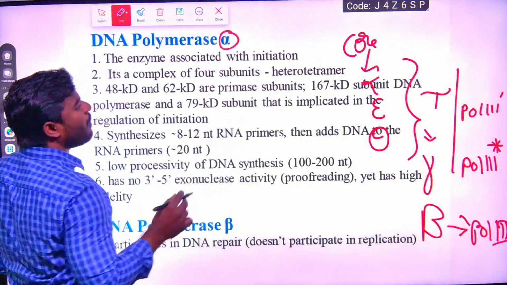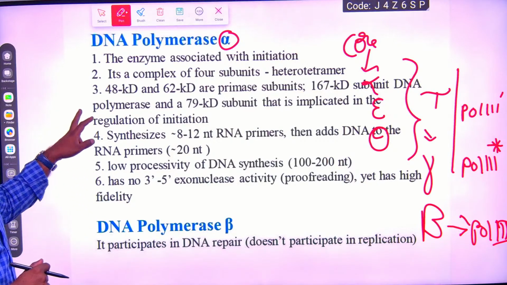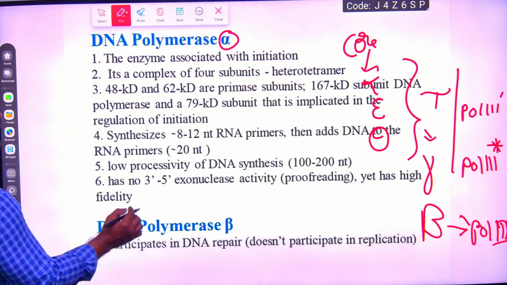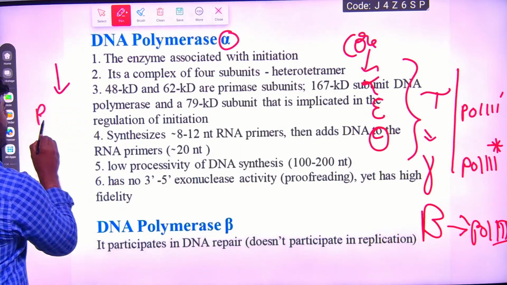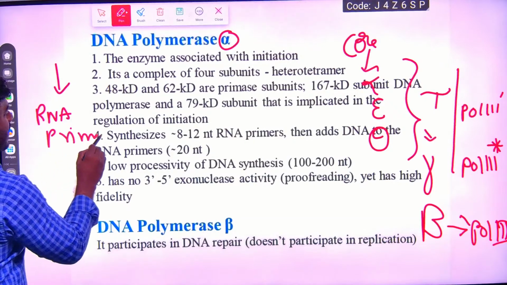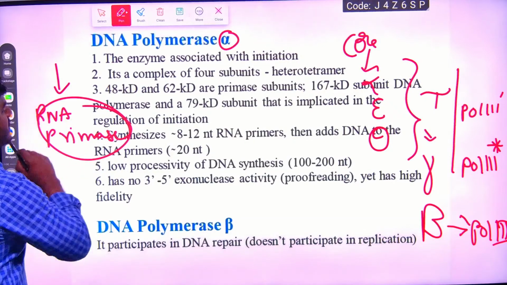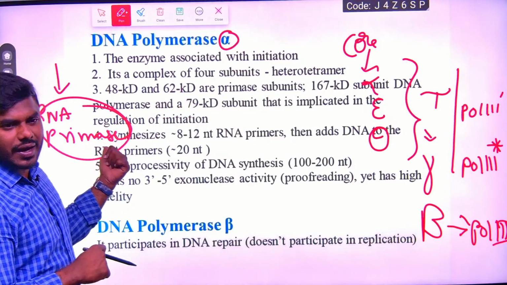In prokaryotic organisms, we clearly studied that, who is going to add the primer? RNA primase is the enzyme which generally adds the primer. But in a eukaryotic organism, we do not have any RNA primase.